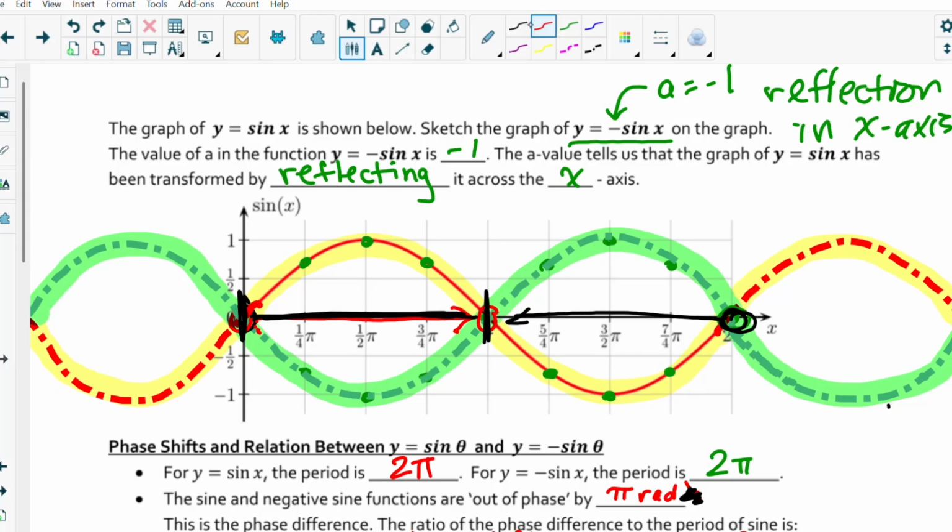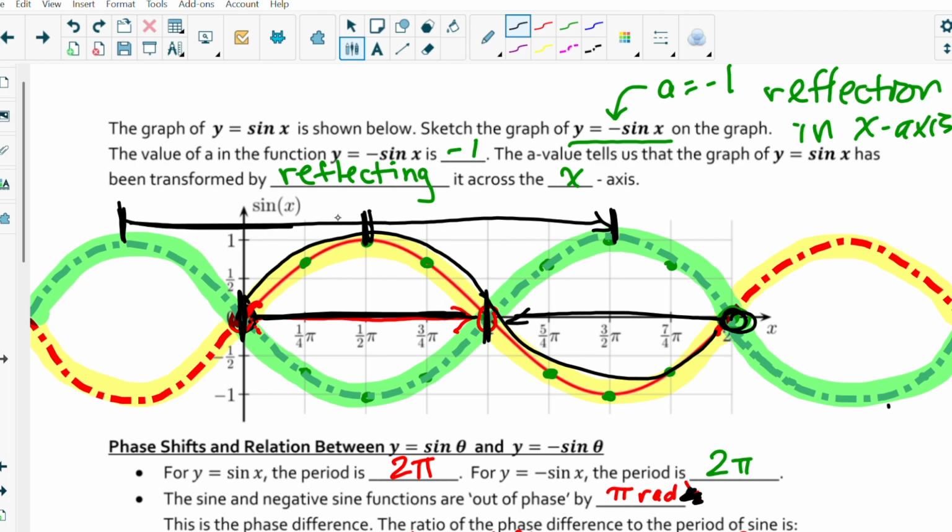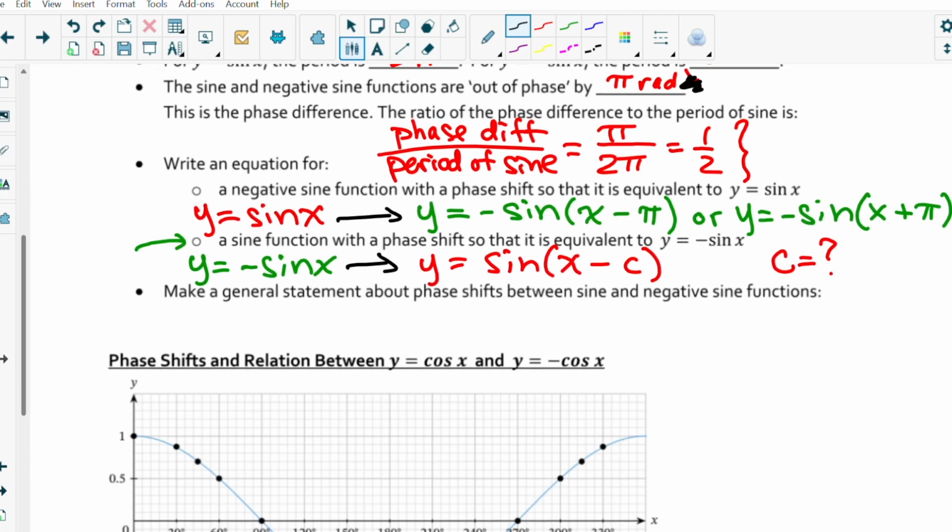If I take the yellow graph here, this part, and I shift it by pi radians, which is that much, then it's going to line up. But if I also shift it this way by pi radians, so left or right by pi radians, it will also line up. So we have two options here.